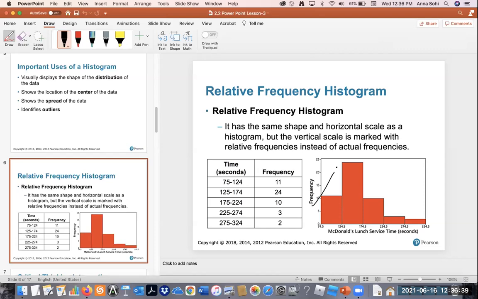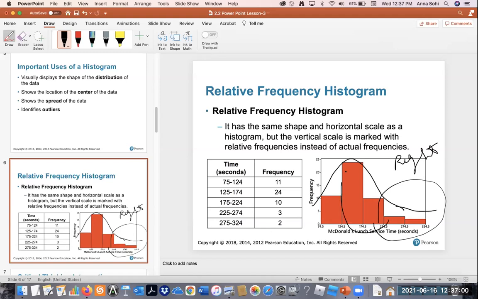If I was drawing a bell, do you see that I had a tail here? This tail is on the right. So if the tail is on the right, we say right skewed graph. Center of the data, most of the values are here. And the values are going between 74 to 324, so within that distance.